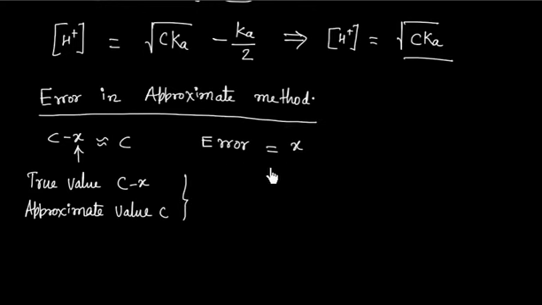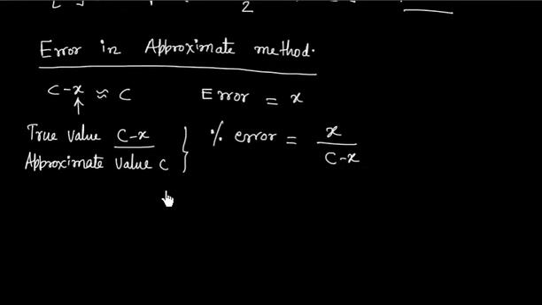What is the fraction error or percentage error? We can also find percentage error. This is equal to x divided by the true value. True value is c minus x. But since we do not know the x, because x is also calculated and has error, c minus x can further be written as c.